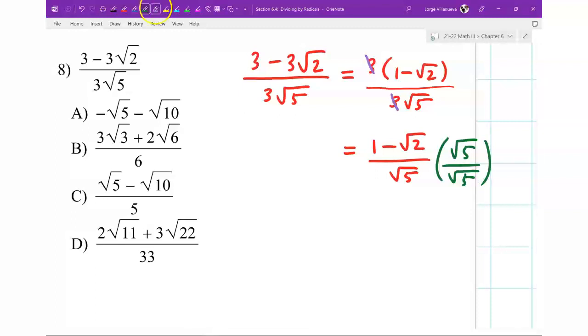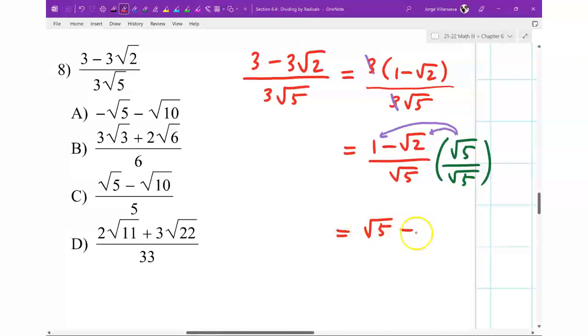Here I'm going to have to distribute, okay? This is going to go here and there. Okay? So, 1 times a radical 5 is a radical 5 minus radical 2 times radical 5 is radical 10 divided by radical 25.